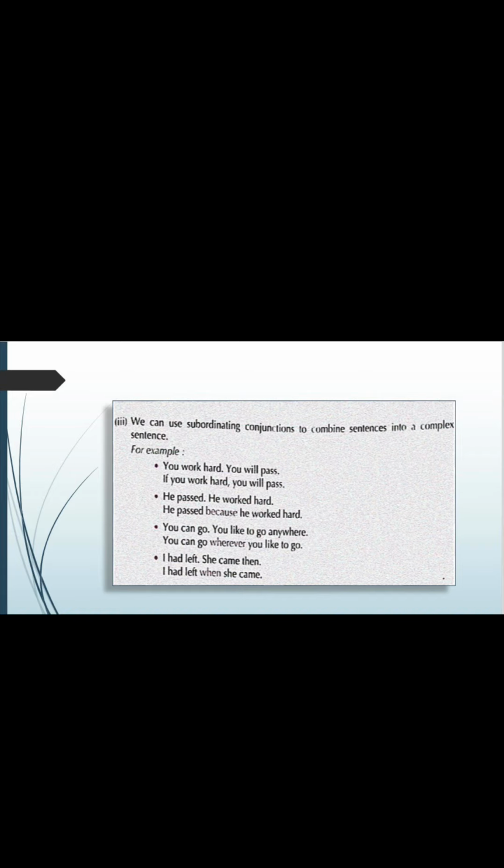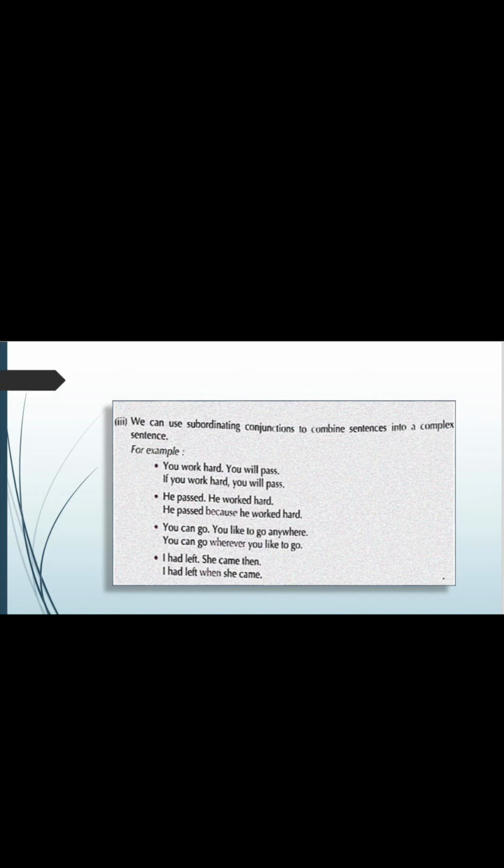He passed because he worked hard. So you see, what is the reason? Here you're putting in the reason: if you work hard, then because he worked hard. You can go, you like to go anywhere: you can go whenever you like to go, or wherever you like to go.